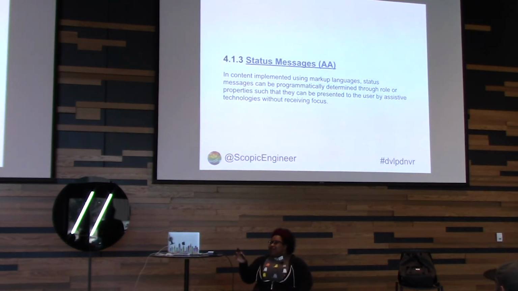Okay, so this is our last guideline, success criteria: status messages, content implemented using markup languages. Status messages can be programmatically determined through role or properties such that they can be presented to the user by assistive technologies without receiving focus.